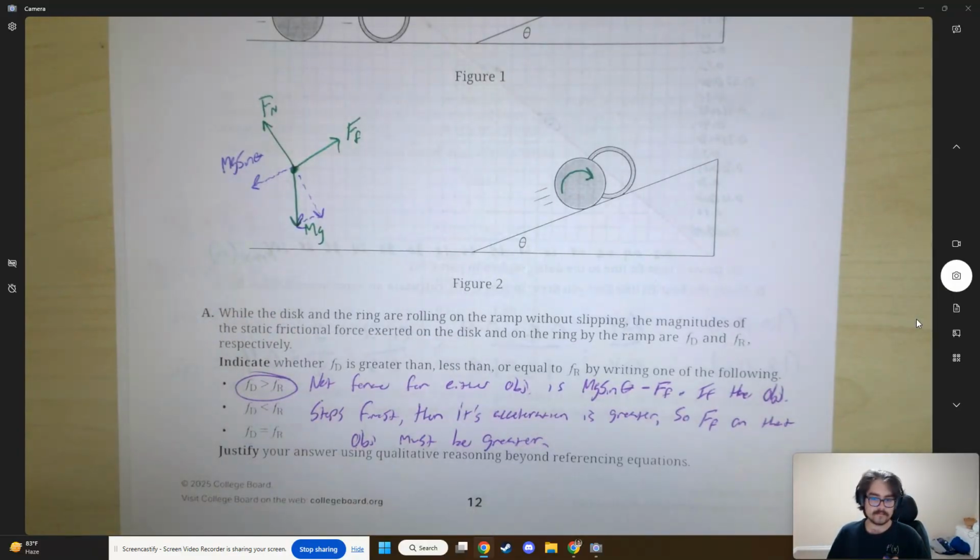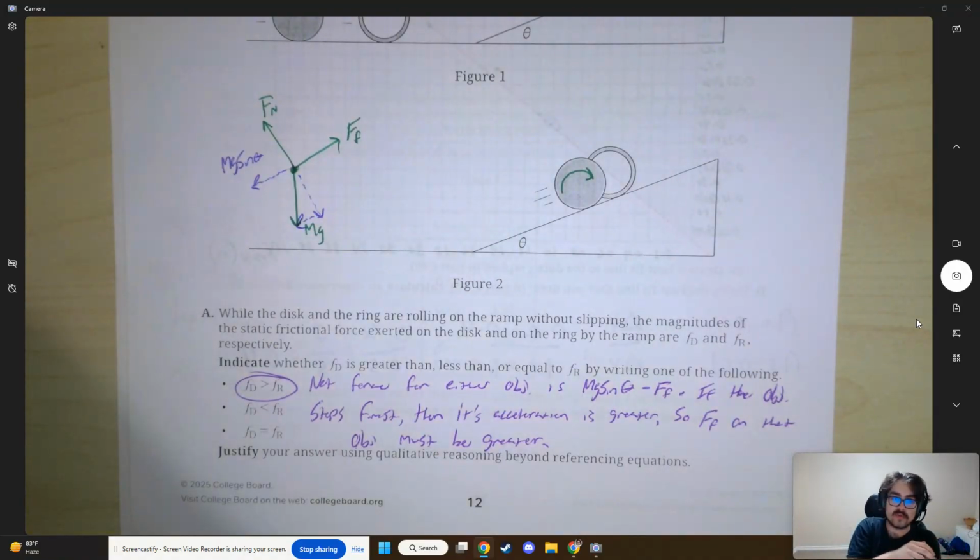If you think about it like this, when it gets on the ramp, it has a negative net acceleration because it's slowing down, it's decelerating. Then what happens is your friction force is going to be greater than the mg sine theta. It's just a matter of which one's going to be stronger. That's my justification right there.